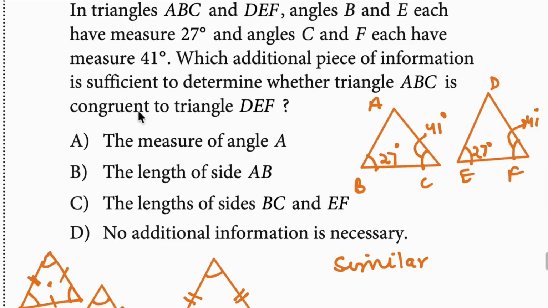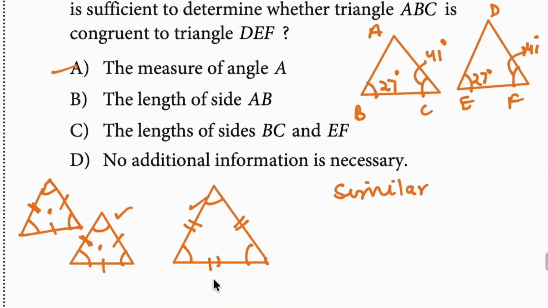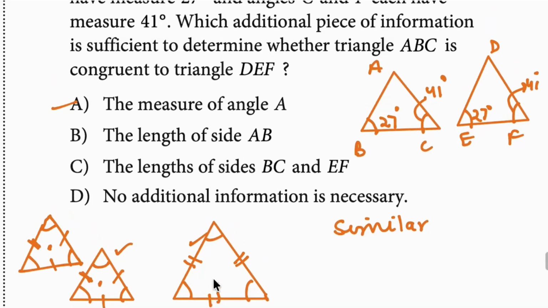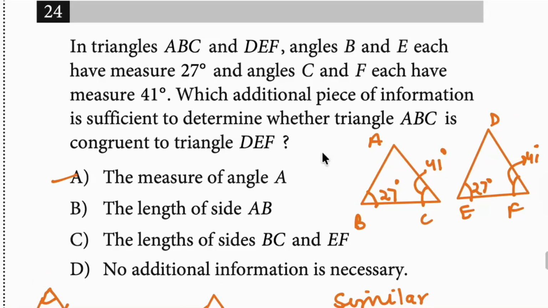So let's check the options. Measure of angle A, no, because in this case we have seen if all the angles are equal, they can be considered similar but not congruent. The length of side AB, okay, we get the length of side AB, but it is only of one triangle. We have to make it equal to the other side of the other triangle. It can be any, right? So here only triangle ABC is considered.